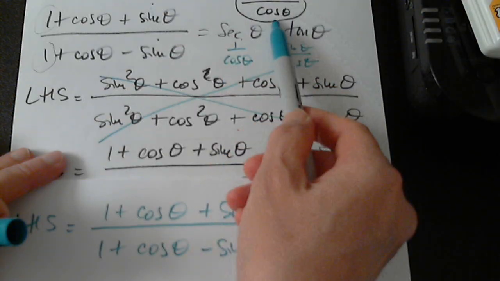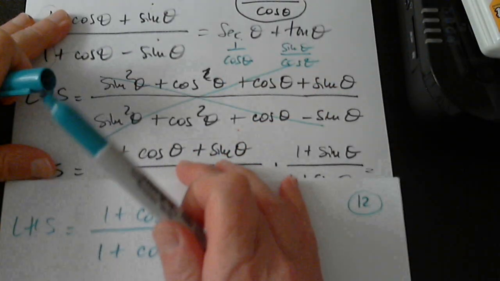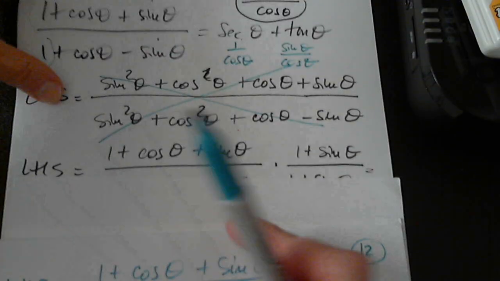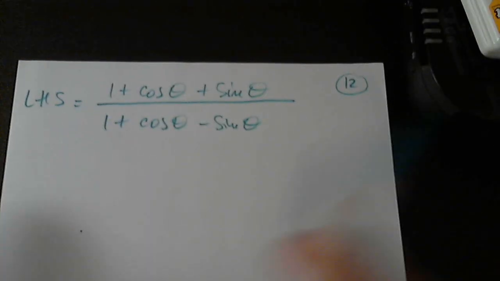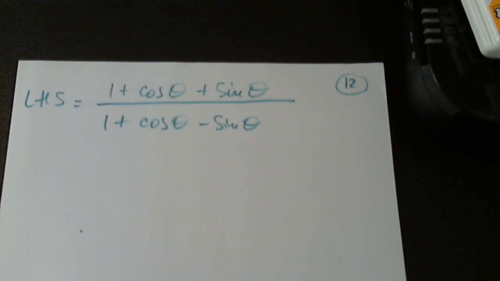So I said, okay, let me see if I multiply top and bottom by 1 plus sine theta. Let's see what happens. And I can multiply because when I multiply by 1 plus sine over 1 plus sine, I'm multiplying by 1.